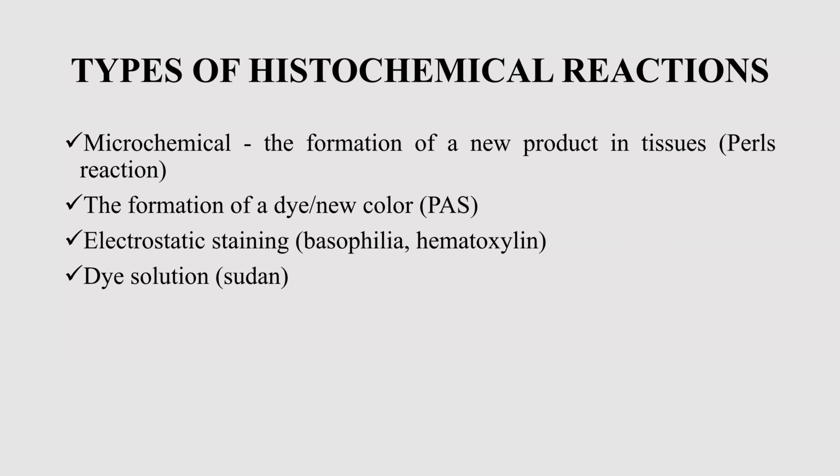It's microchemical. It's a type of histochemical reaction where we use some chemicals for investigation. We push this tissue toward formation of a new product in the tissue. An example is Perls' reaction.